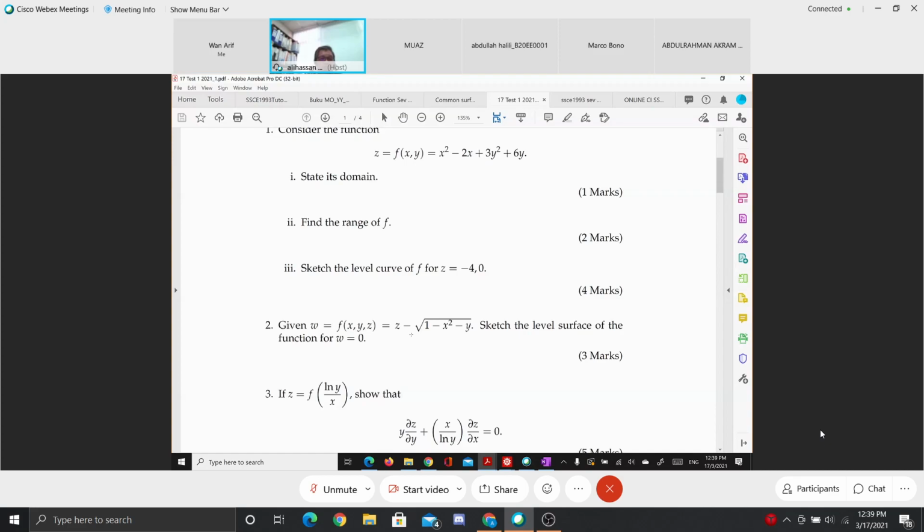In this question number 2, it is a function of 3 variables. And here you are required to sketch the level surface of the function w equal to 0 only. Is it possible to sketch this function of 3 variables? In what dimension? The surface.